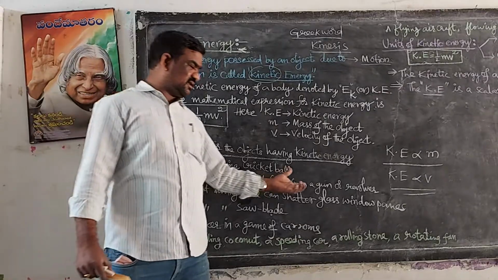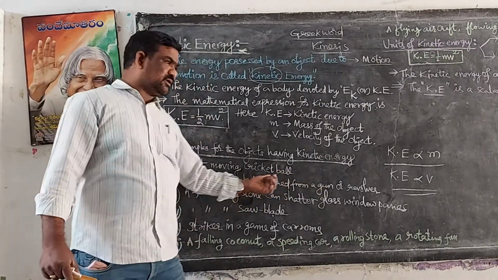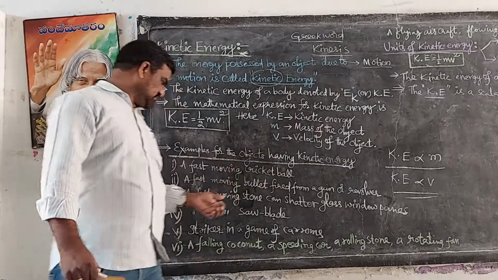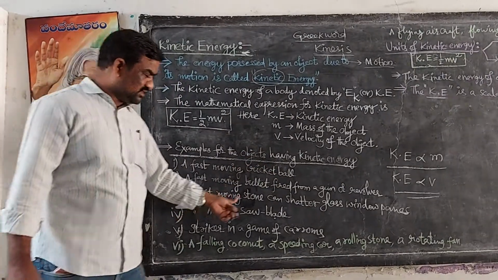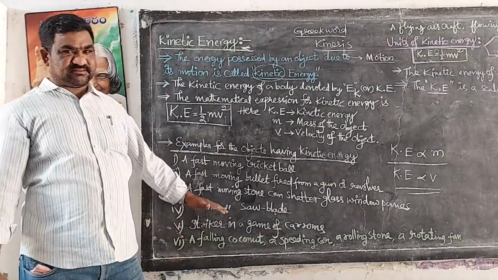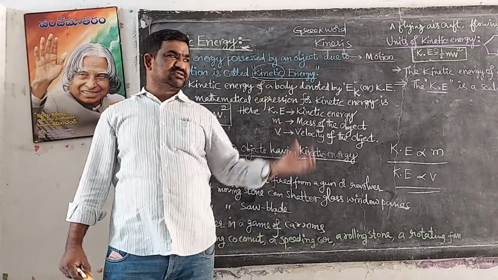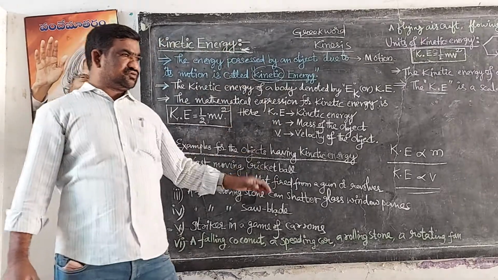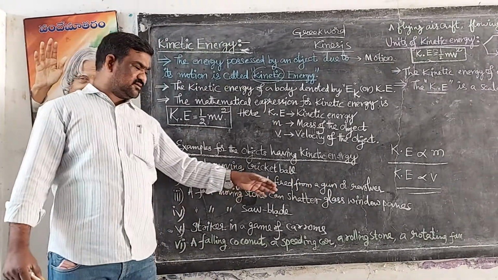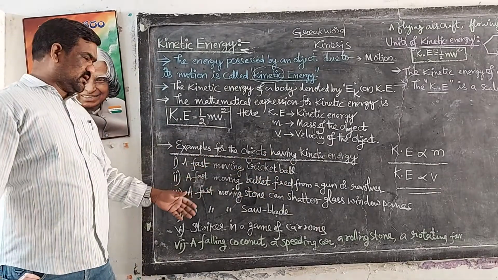That kinetic energy of the moving bullet causes damage to us, right? Next, a fast moving stone can shatter glass window panes. If you throw a stone towards a glass pane, it can break.